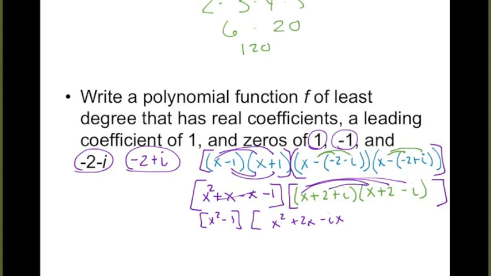I'm going to pass out the 2. Gives plus 2x plus 4 minus 2i. And then I'm going to pass out the i. Gives plus ix plus 2i minus i squared.